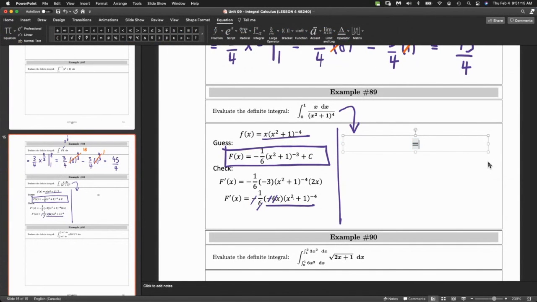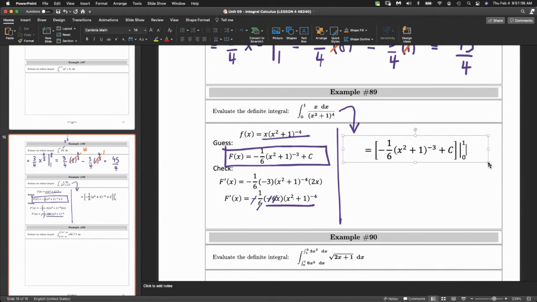This equals negative 1 over 6. I can put the c there, but the c cancels. From 0 to 1.